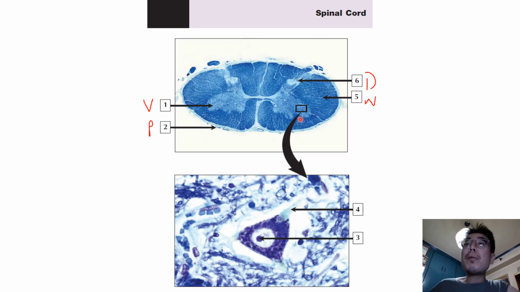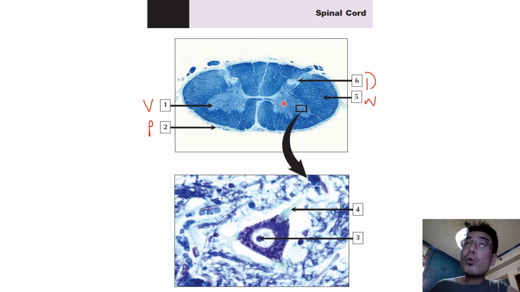Descending now from the brain into the spinal cord, whereas the orientation of the gray matter and the white matter of the brain is such that the gray matter lies external to the inner white matter, in the spinal cord this orientation is inverted, it's flipped.